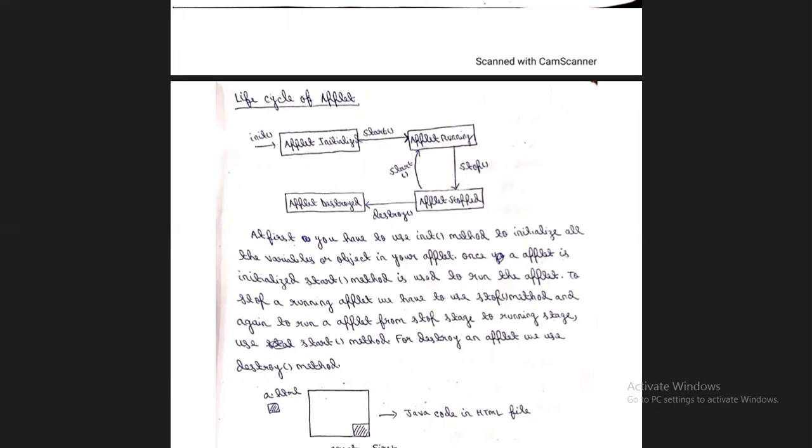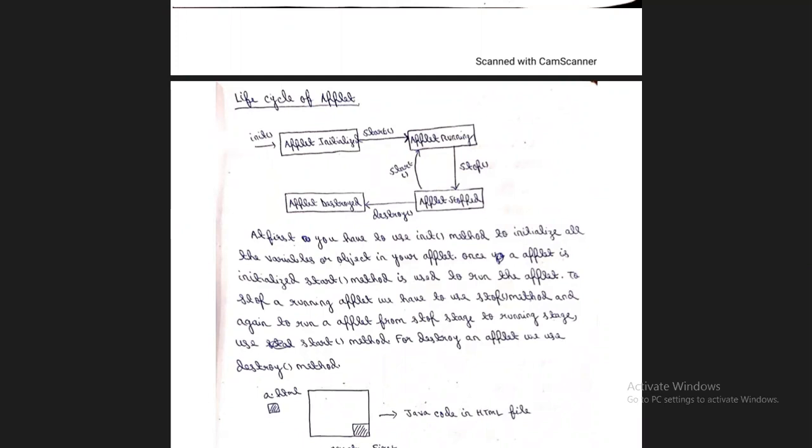Now, this init method is used to initialize all the variables or objects in our applet. In the applet initialization stage, the init method is used. This init method mainly initializes all the variables and objects in our applet.